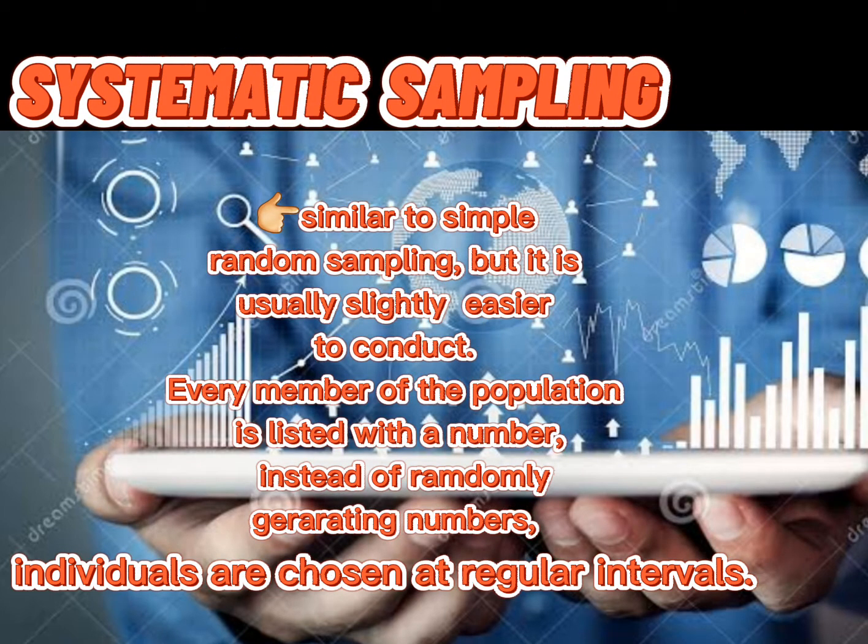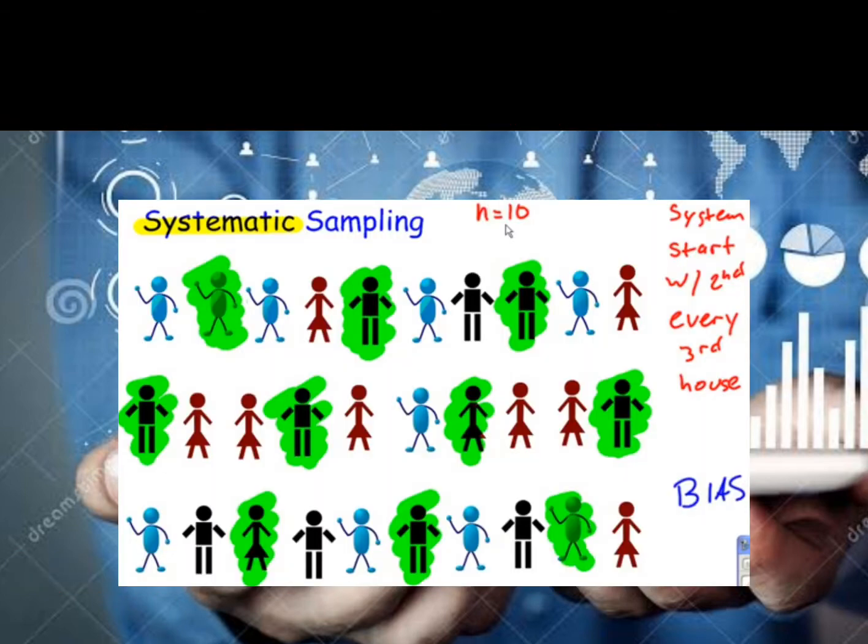Systematic sampling. It is similar to simple random sampling, but it is usually slightly easier to conduct. Every member of the population is listed with a number, but instead of randomly generating numbers, individuals are chosen at regular intervals. For example, all employees of the company are listed in alphabetical order.